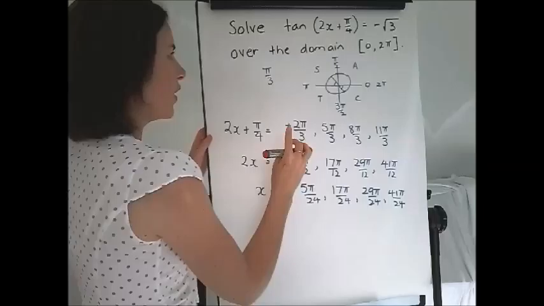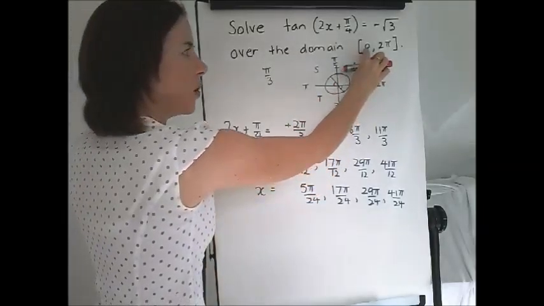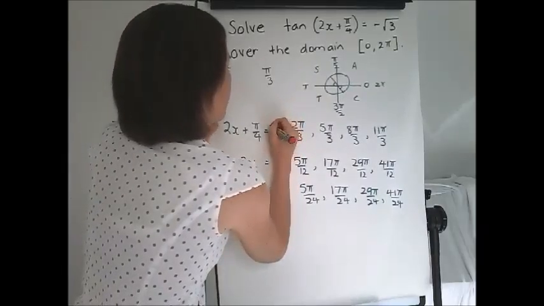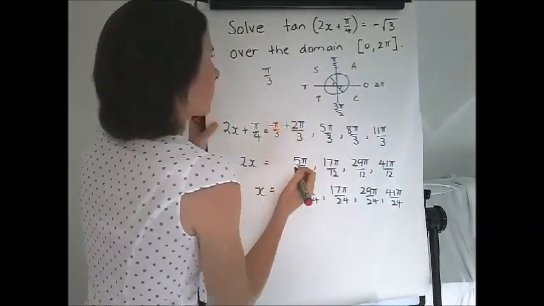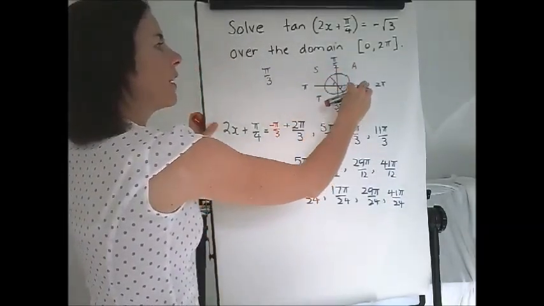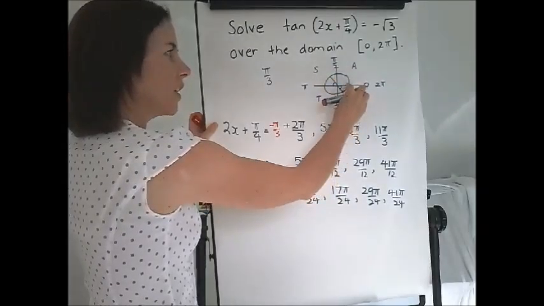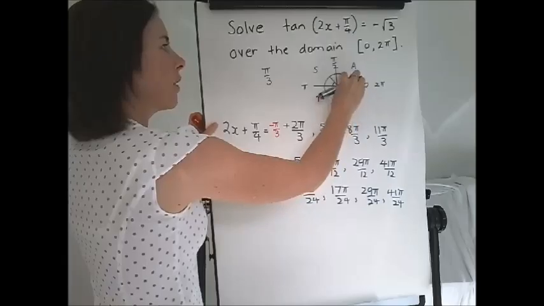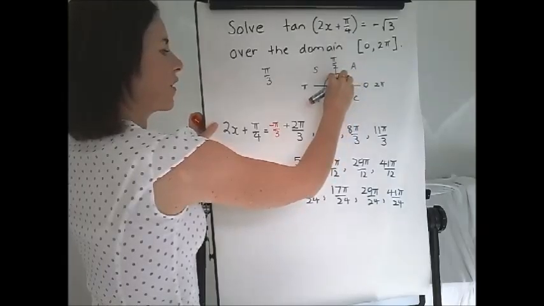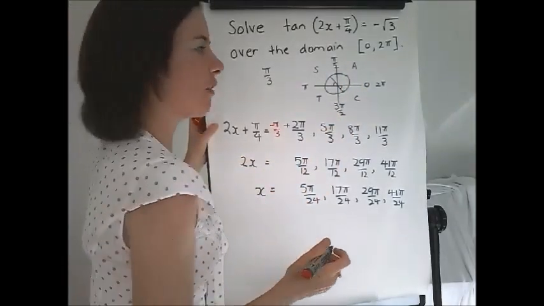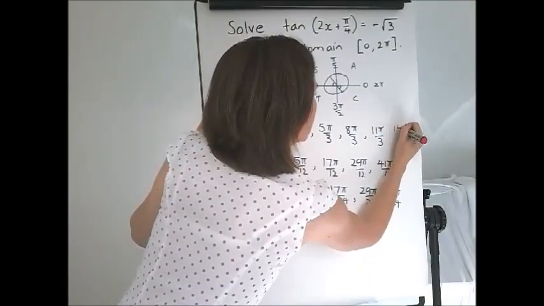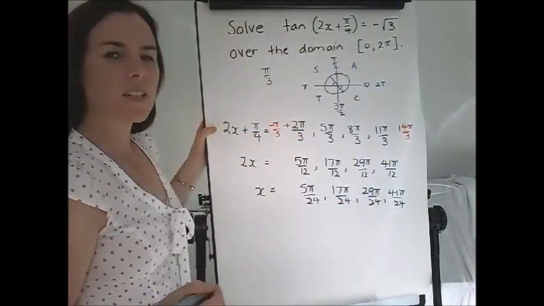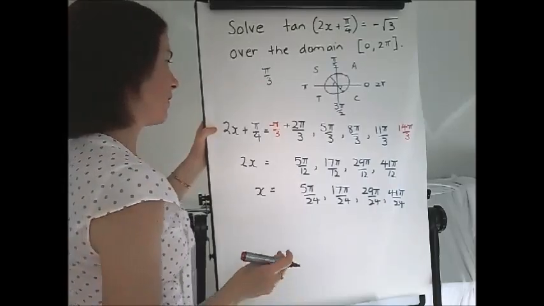But if I go one before this domain, I'd be taking negative pi on 3. And if I go one after my 2 laps that I've already got, it would be 4 pi plus the 2 pi on 3, which is 14 pi on 3. Okay, just to be really safe, let's check these 2 out.